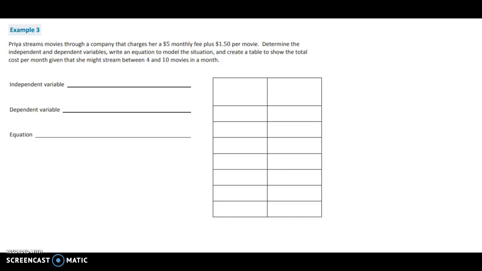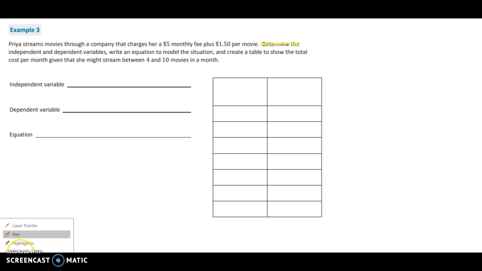Priya streams movies through a company that charges her $5 for a monthly fee, or $5 for every month, plus $1.50 per movie. Determine the independent and dependent variables. Hold on, here we go again. Let's do a highlighter instead of a pen.